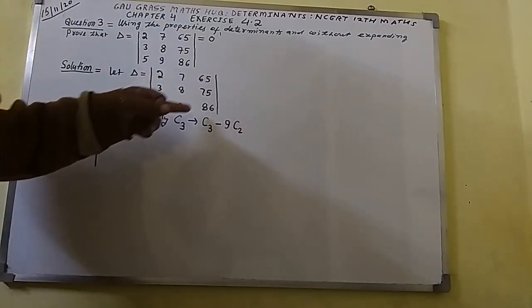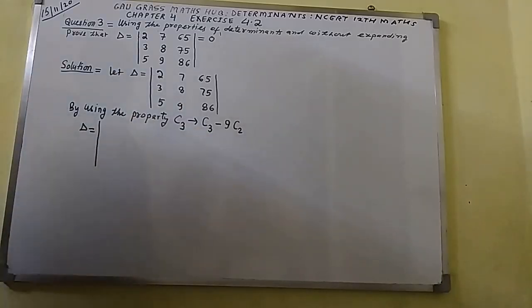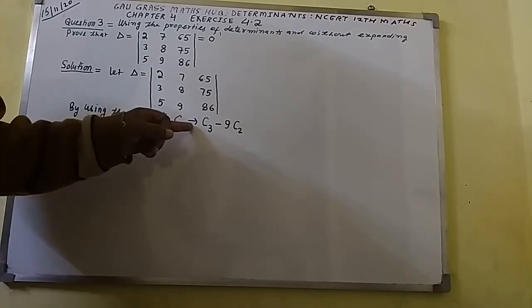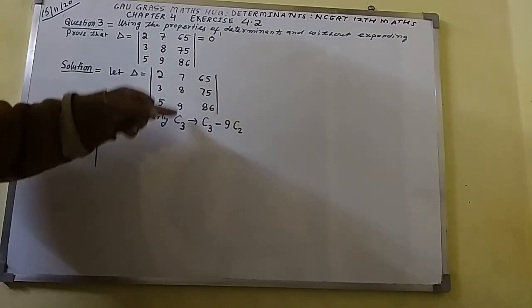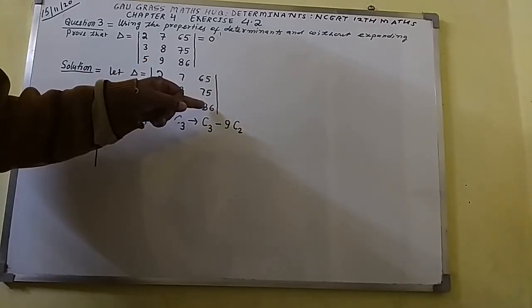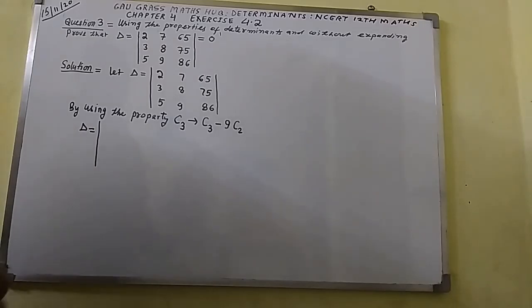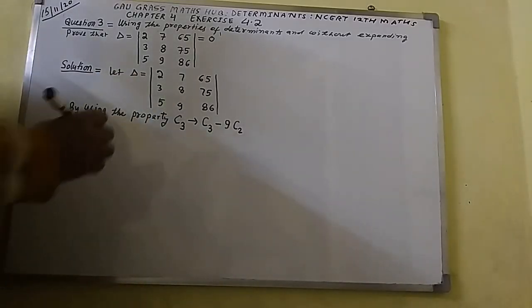Changes will occur only in the third column because C3 goes to C3 minus 9 C2.